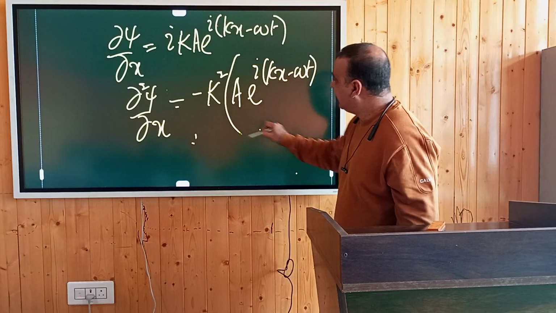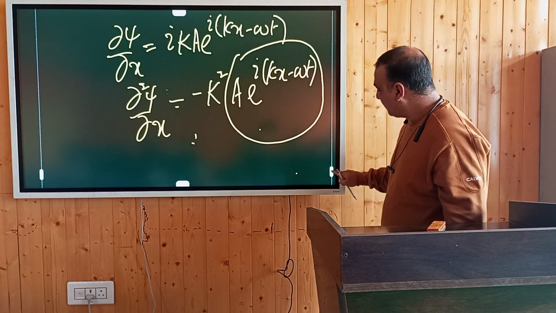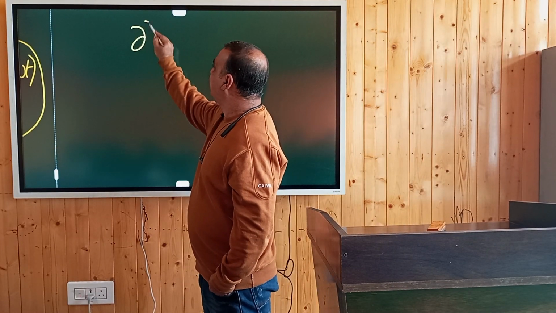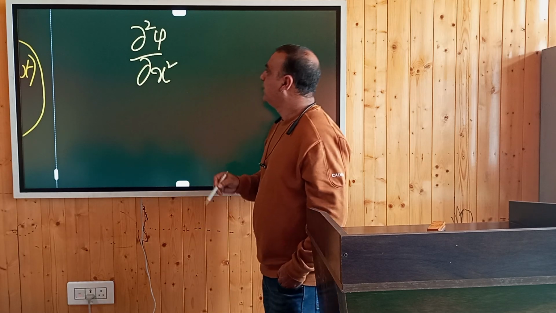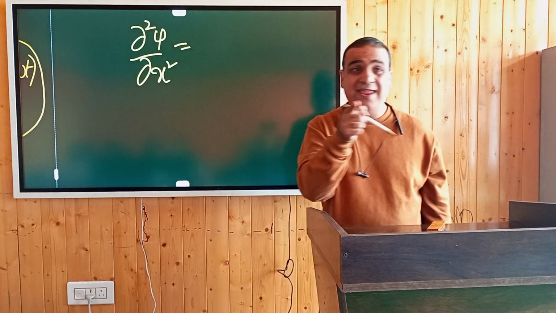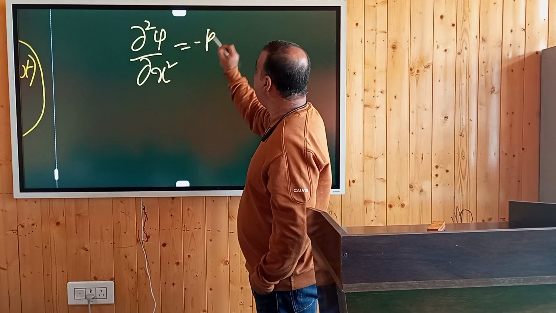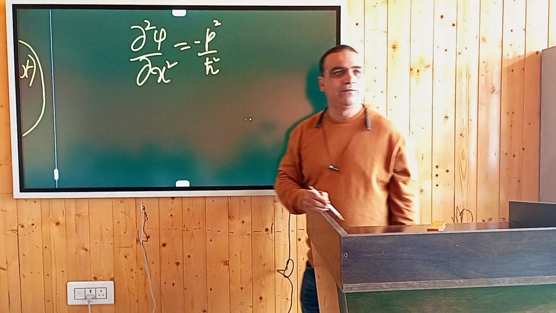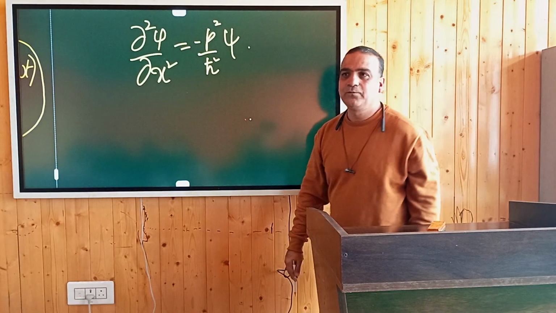Now for this, I can again write down my wave function psi. So I'll get the double derivative of psi with respect to x equal to minus k square psi. But I have a relation between k and p, right? So this will be minus p square by h cross square, and then you will have your original psi. Fine?